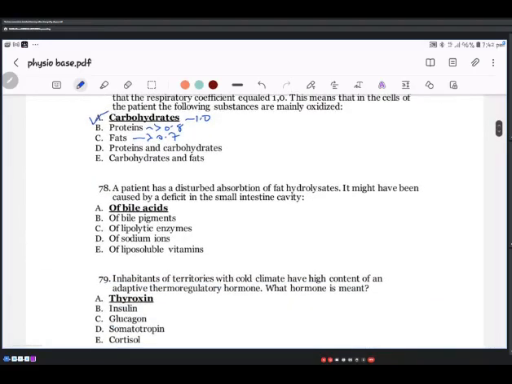So 78, a patient has disturbed absorption of fats hydrolysates. It might have been caused by a deficit in the small intestine cavity. Let me define these fat hydrolysates.